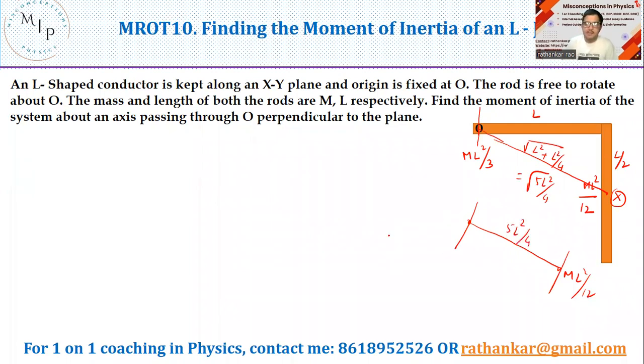Now let me say, what is the moment of inertia of this object here? Due to this object alone, the moment of inertia should be ML square divided by 3. Plus, what is the moment of inertia of this object due to this axis? This should be equal to ML square divided by 12 plus, by the parallel axis theorem, Mh square, which is M into 5L square divided by 4.